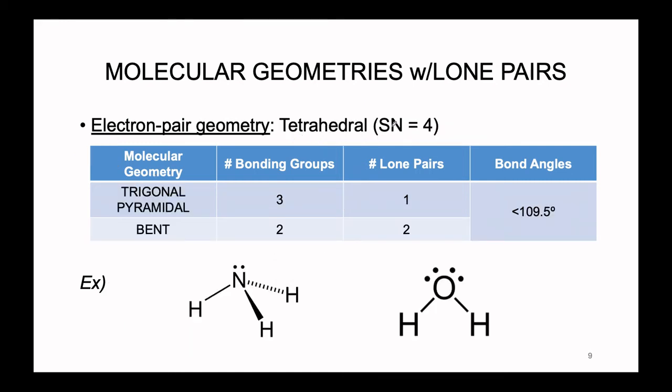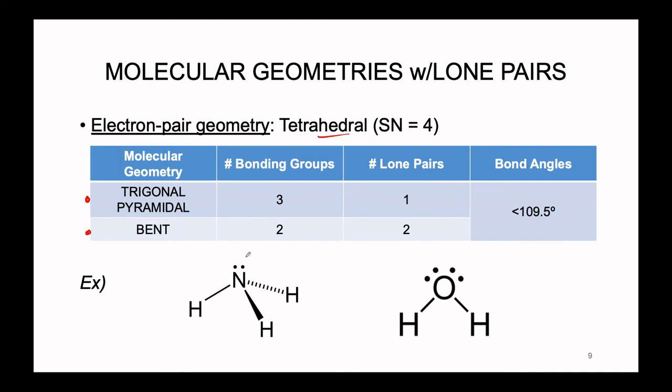All right, so underneath the electron pair geometry umbrella of the tetrahedral shape with a steric number of 4, we actually have 2 different unique molecular geometries that we can find. And again, all we're doing here is substituting out chemical bonds for lone pairs.